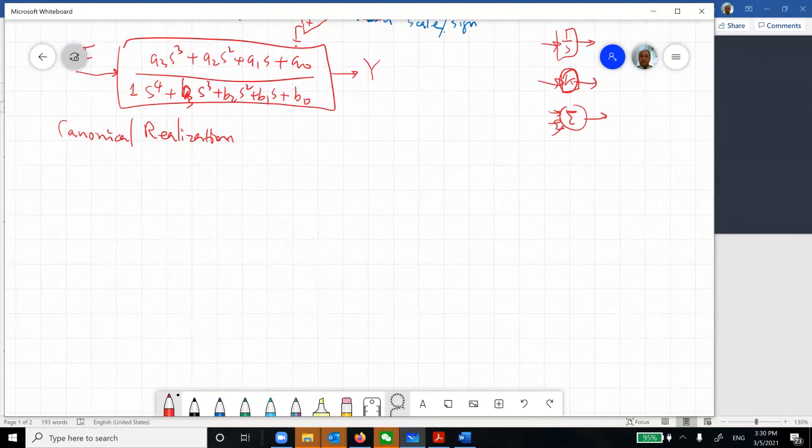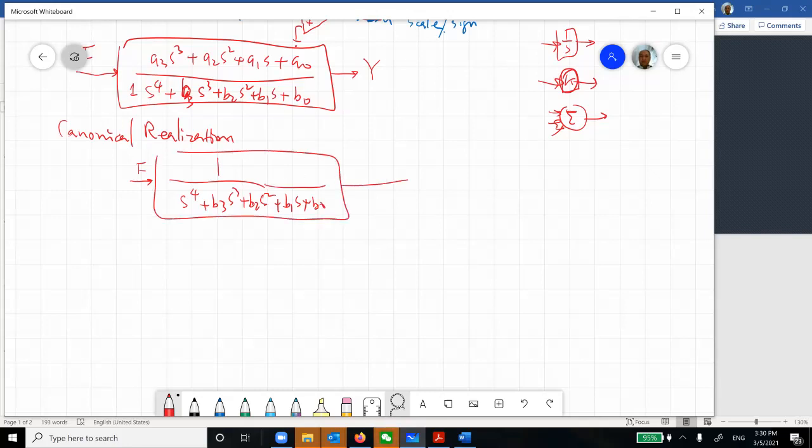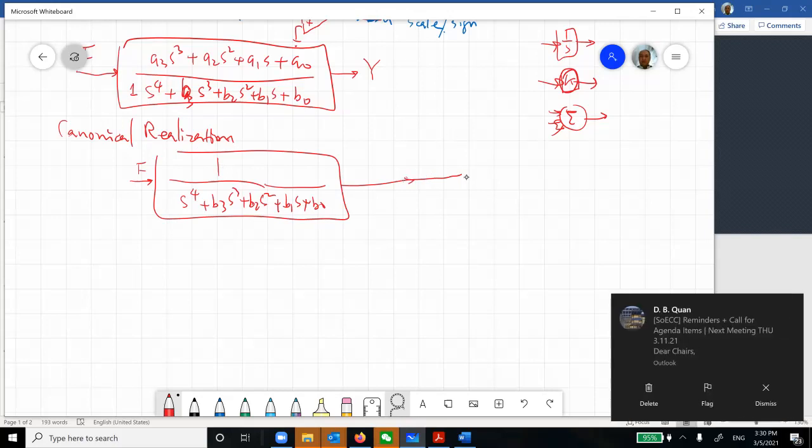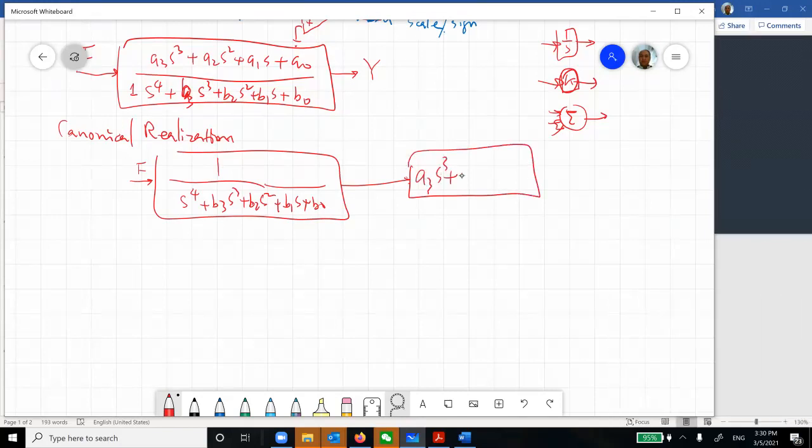Okay, so I'm going to do something like this. You have F. Suppose you have something like this. So I split these into 2 parts. Do you agree I can do this? Yeah, it's the same, right?